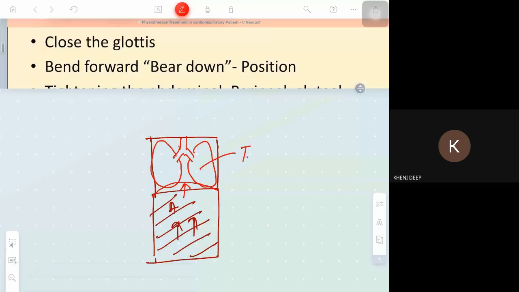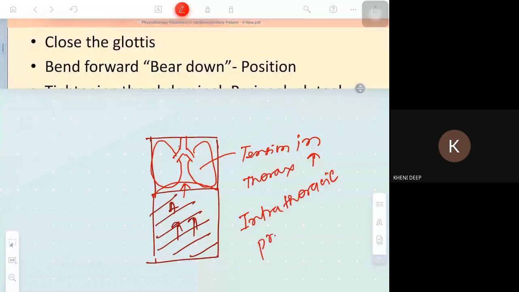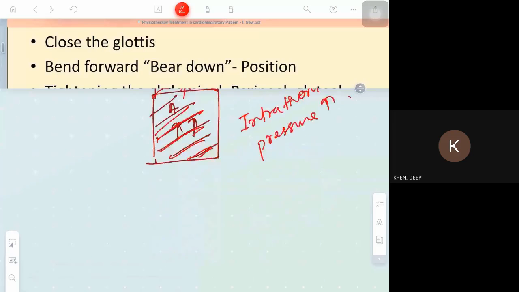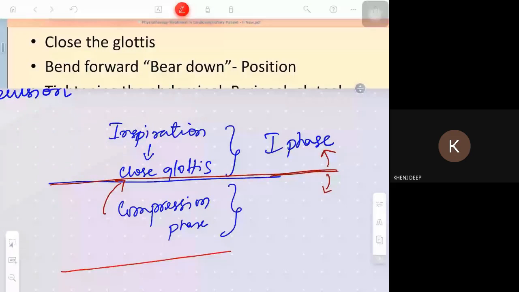Tension in the thorax increases, or in other words, intrathoracic pressure increases. When you are contracting all these muscles, this is the compression phase. In the compression phase, you are contracting all the four major muscles. Clear? So intrathoracic pressure increases.